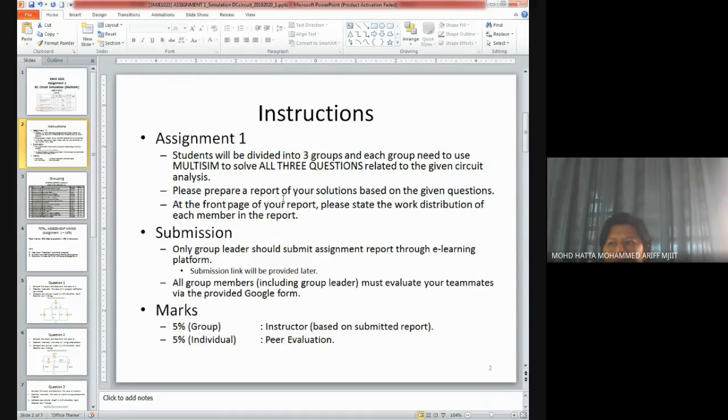This is a group report, and you need to state the work distribution. For example, student number one solving question number one, student number two, question number two. So you need to state the work distribution of your group members. And for the submission, only the group leader will submit the assignment, and I think I will prepare the link through e-learning. So you will submit your report through e-learning.